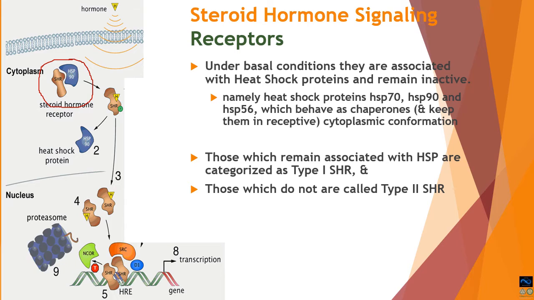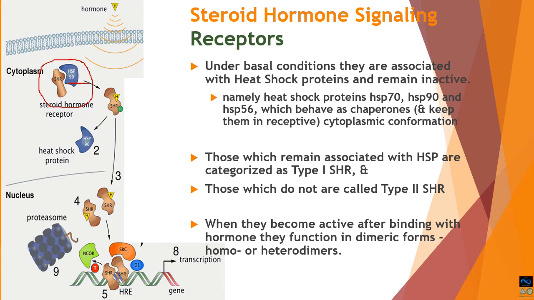As soon as the hormone binds to it, the inhibition by the heat shock proteins is lifted. The HSP 70 or HSP 90, whatever the case is, is released, and the hormone itself causes a conformational change in the receptor.